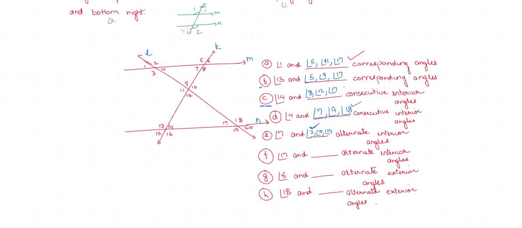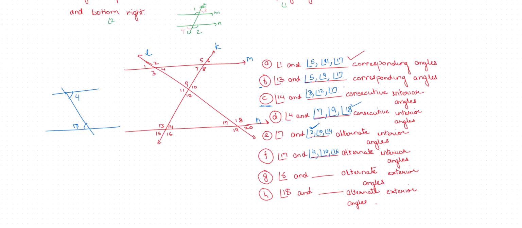Now try to do F, which is 17. Find the alternate interior angles with 17. Here we can see that 17 and 4 are alternate interior angles.